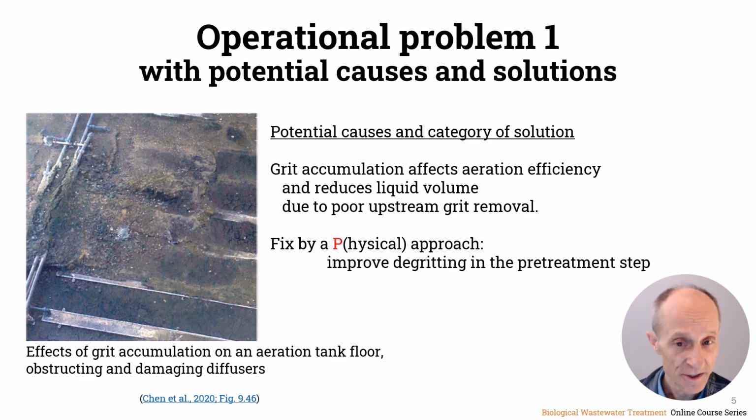The potential cause of this problem is grit accumulation that affects aeration efficiency in the bioreactor and reduces the liquid volume. This problem can be fixed by a physical approach of improving degritting, a physical unit process, in the pretreatment step.